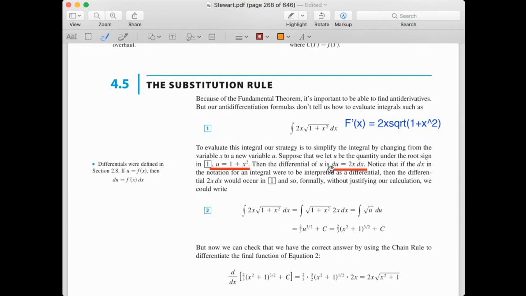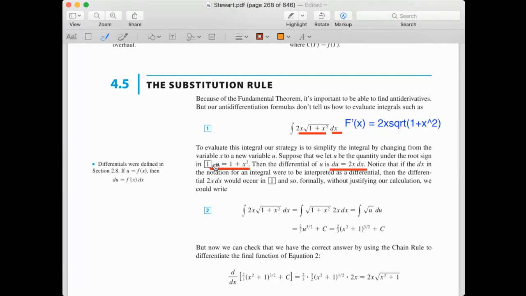So we made a relation between u and x, and we also have to make a relation between the change in u and the change in x. We need to change both notations. If we want to represent the x term in u, we also need to substitute dx into du.